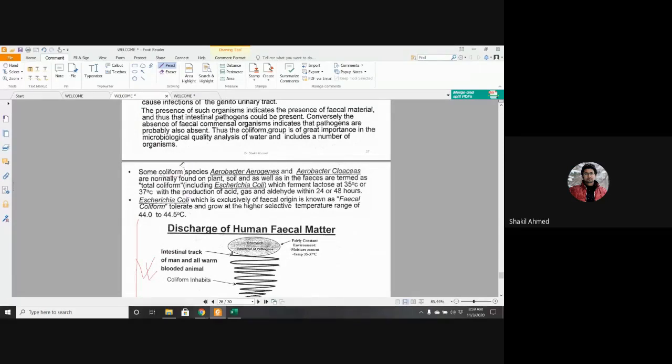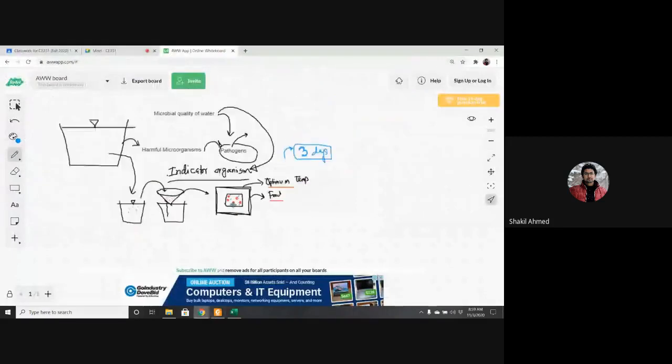So this coliform, we are interested in this coliform group of bacteria. When you test the water, what is the name of this test?